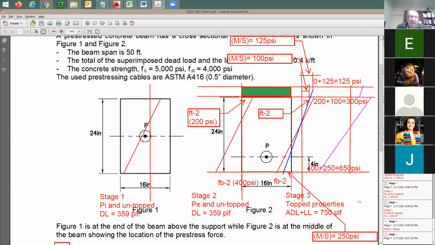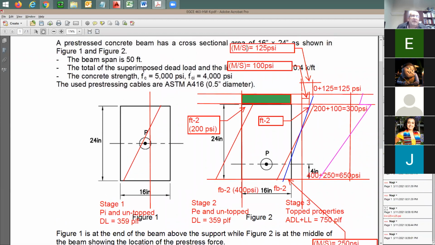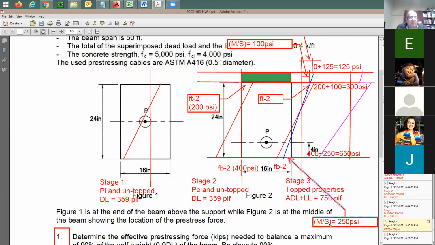This is going to be the S top value. This is S top. They don't change. This is not really M over S. This is M over I, MC over I, right? And this is going to be one top, right? This is going to be M over S top. This is going to be M over S bottom, because I'd expect that you know how to use this equation, right?